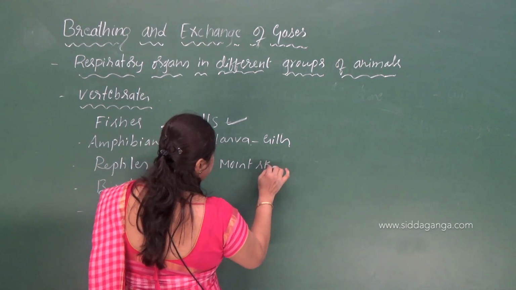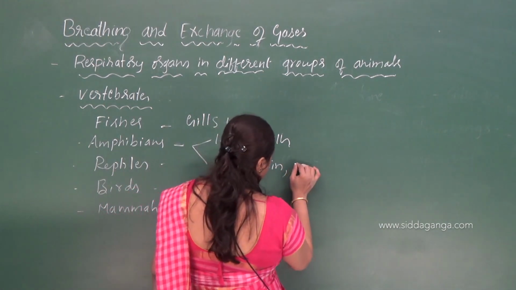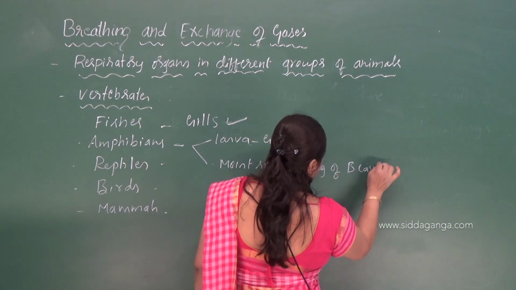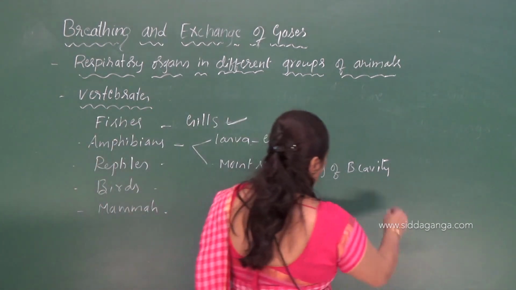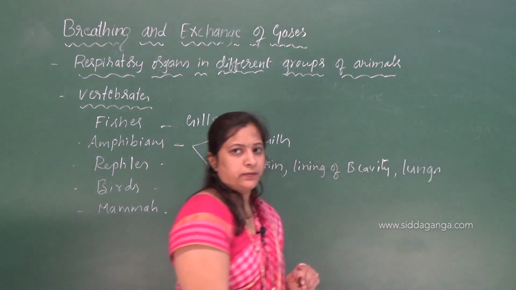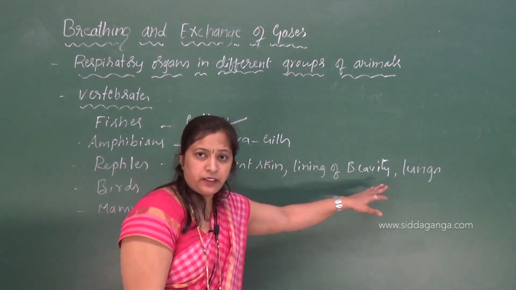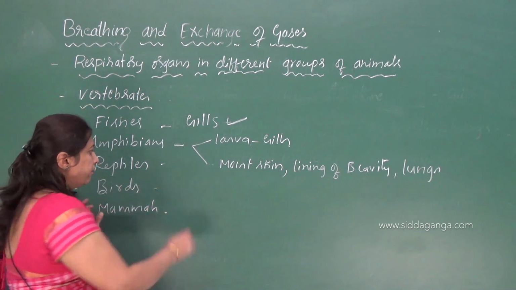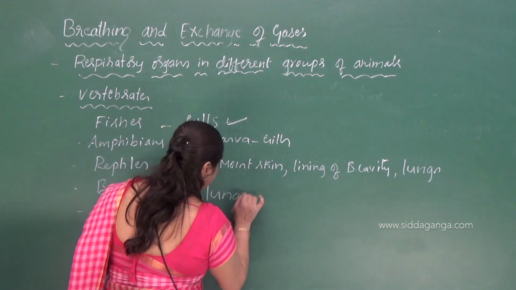Here the moist skin helps in the exchange of gases, and the respiration also occurs through the lining of the buccal cavity and also lungs. So these are the respiratory structures in adult frog: moist skin, lining of buccal cavity, and lungs.